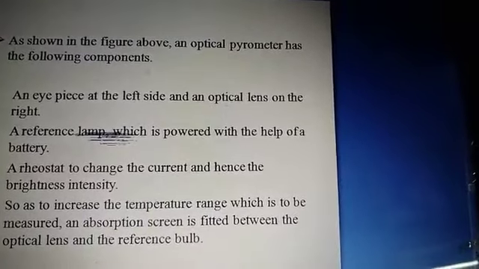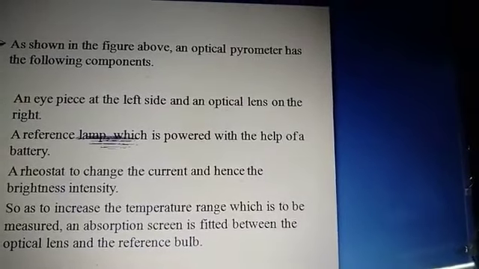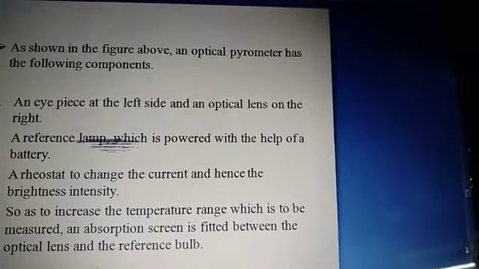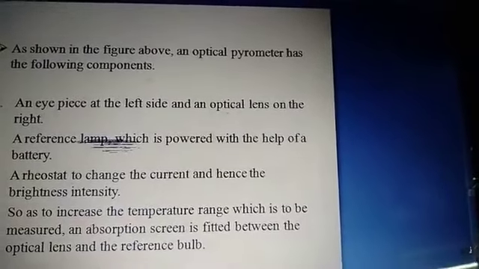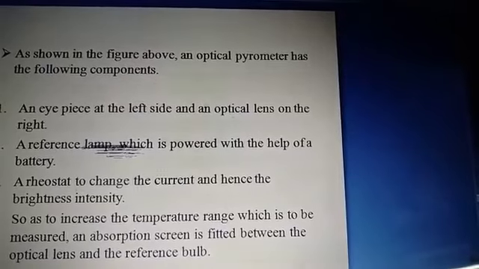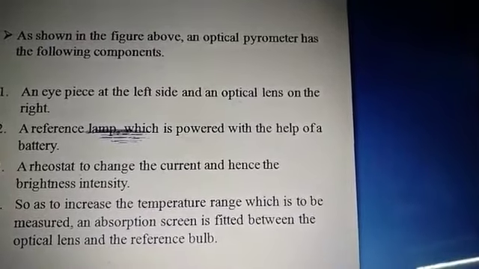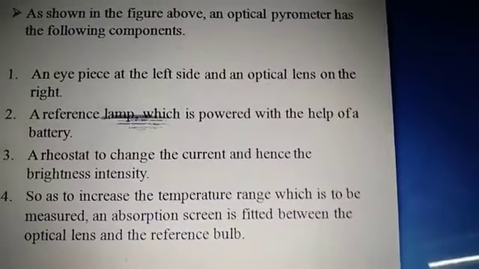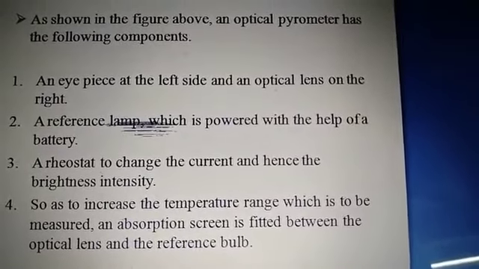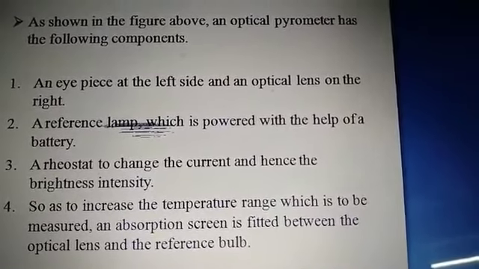A rheostat is used to change the current, hence the brightness intensity changes by adjusting the rheostat. This is how the temperature focused on the radiation zone is measured directly through voltage. To increase the temperature range to be measured, a screen is fitted between the optical lens and the reference bulb.